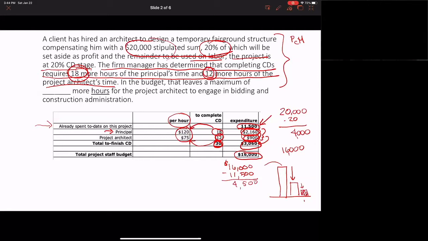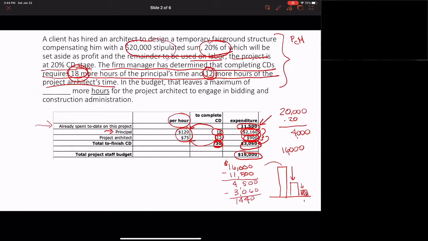And then we need to subtract 3060, because that's how much we need to finish the project. And that's going to give us $1,440.